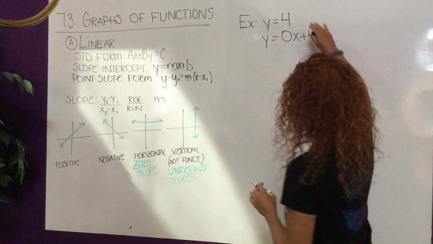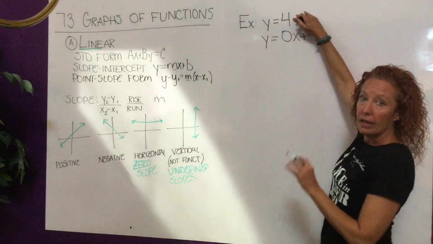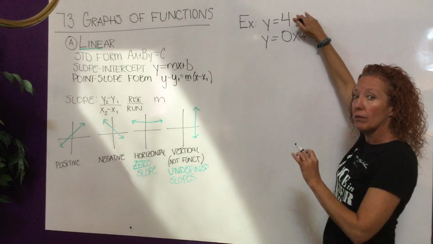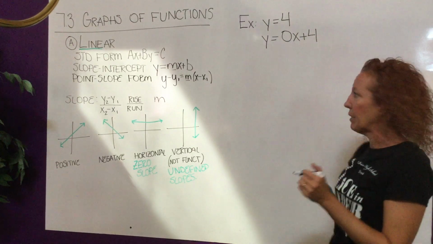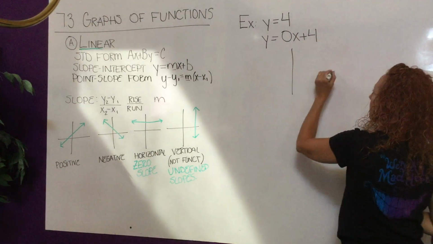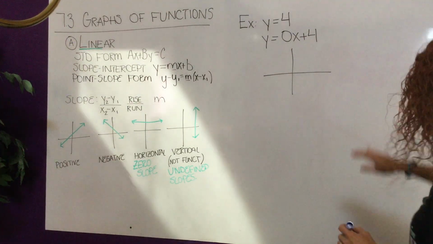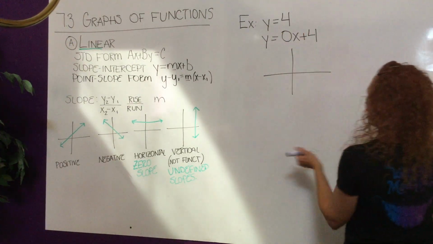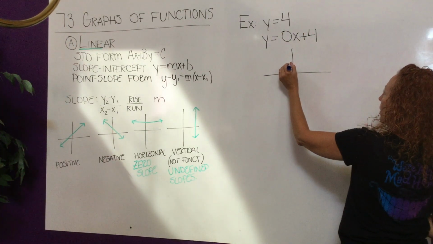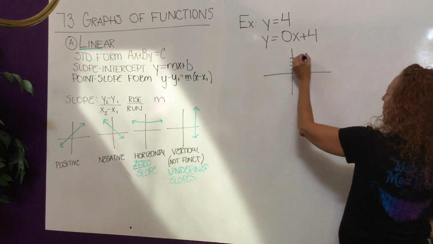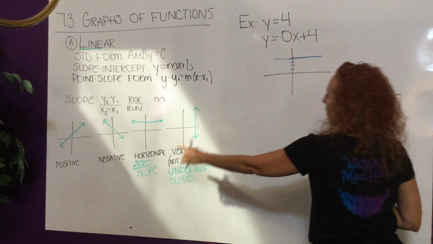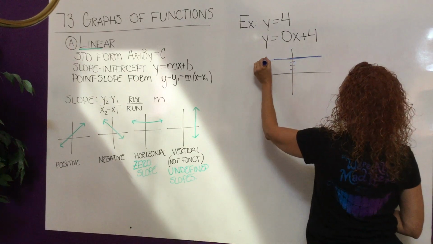So, when you only have a number and you have no x, you know without a doubt that's going to be a horizontal line. How do you graph a horizontal line? Well, you go to wherever that number is on the y-axis. So up 1, up 2, up 3, up 4, and you just make it look like that right there, a horizontal line.